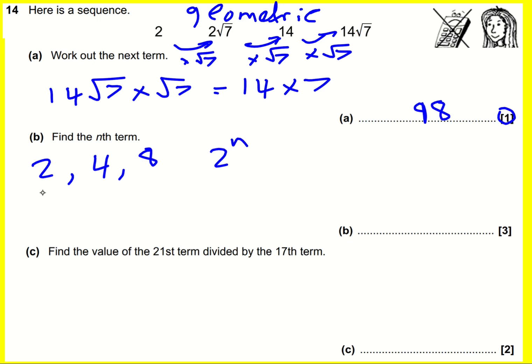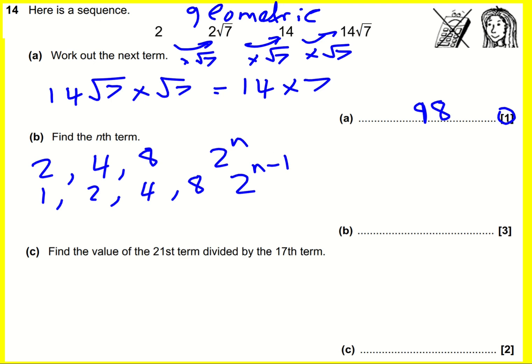If I was to do, however, 1, 2, 4, 8, then I don't have 2 there, but I'm still going up in powers of 2. So I want 2 to the power n, kind of, but shifted back a bit. What I have to do is 2 to the power of n minus 1, because then this just becomes 1 at the very start. And that is what I'm going to use to find the answer.